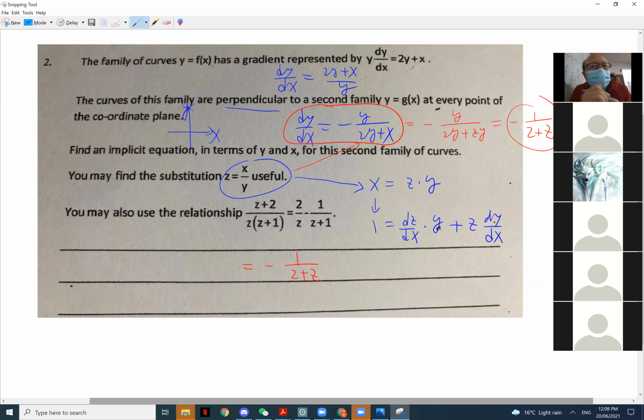If you use it for the left hand side, it is dy/dx, which is right here. So the question changes to 1 minus dz/dx times y over z equals. Okay, guys, try to make dz/dx the subject.